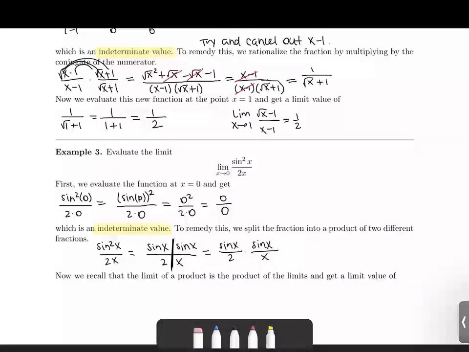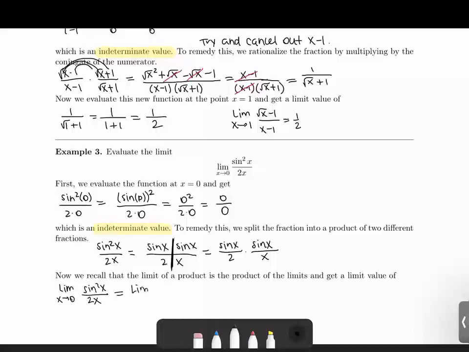Now this is actually all the simplifying we're going to need to do, because we're going to take the limit of these fractions. This works a little differently than the ones before, because we're going to say that the limit of a product is the product of the limits.